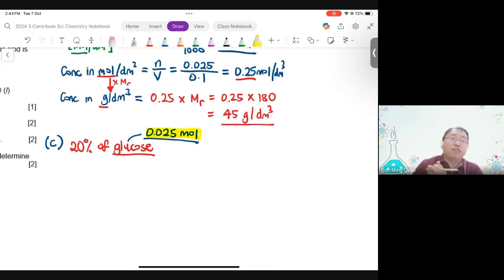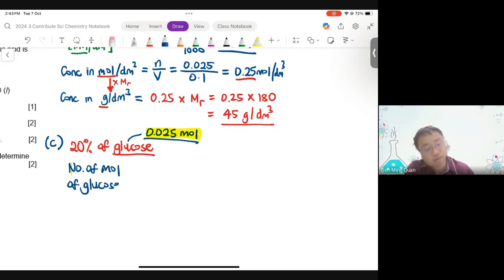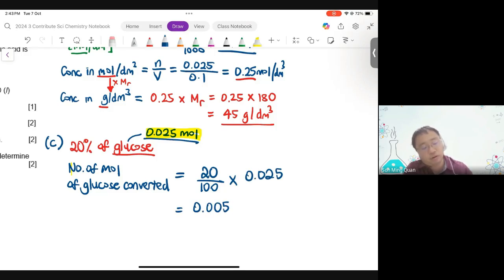And once you got 0.025 moles, how would you use the 20%? 20% of glucose means 20% of 0.025, right? So the number of moles of glucose converted is 20% times 0.025, which will give you 0.005 moles.